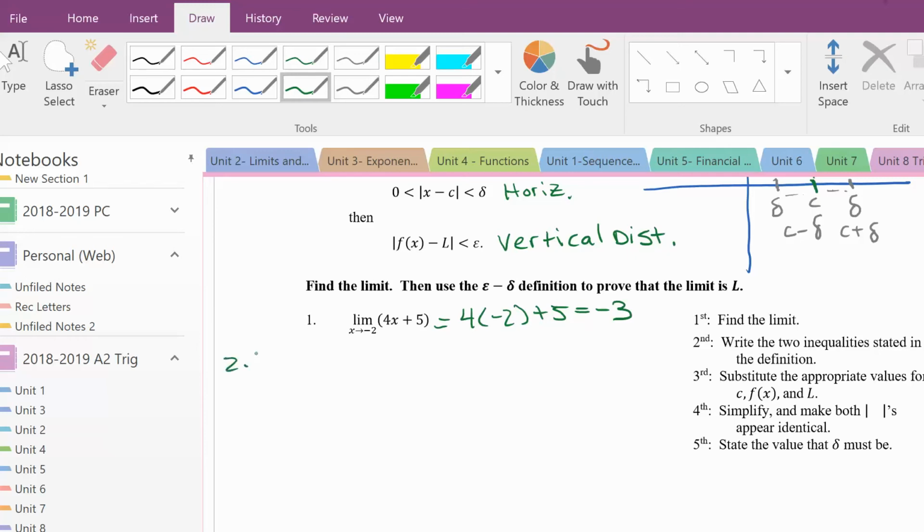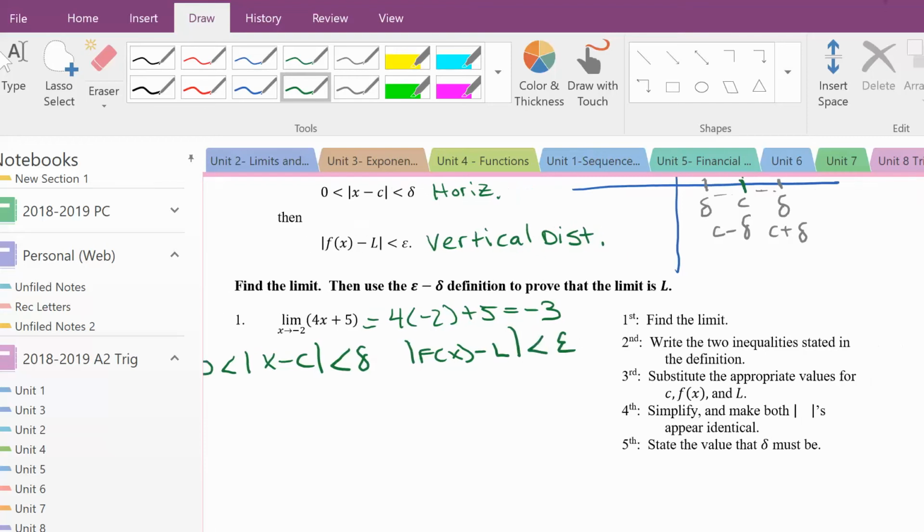Step two, it said to write the two inequalities stated in the definition. So first of all, the horizontal distance is between 0 and delta. It looks like an 8, but it's a delta. Also, the vertical distance is going to be less than epsilon.